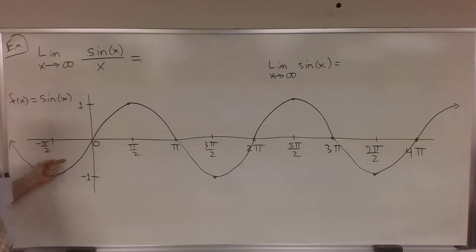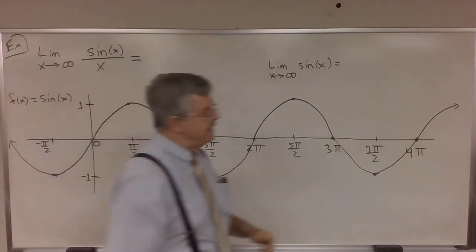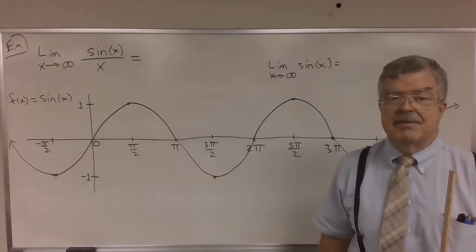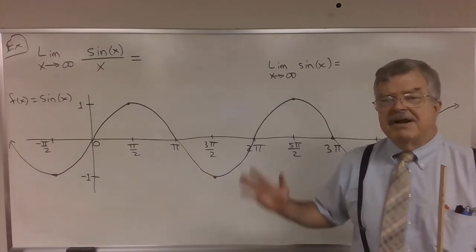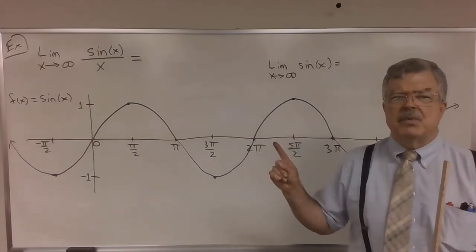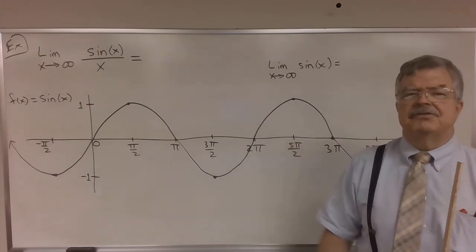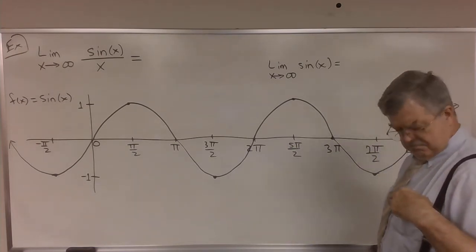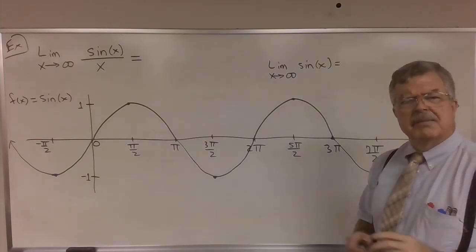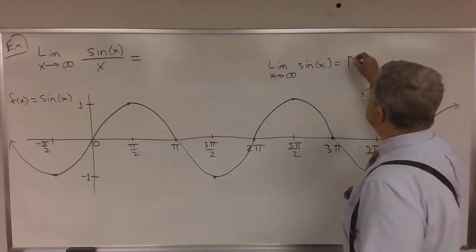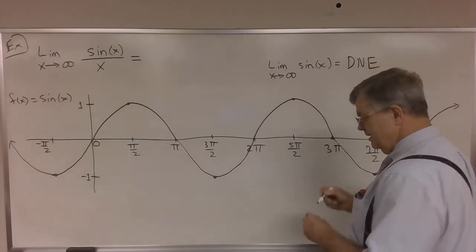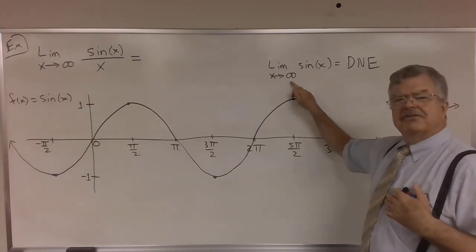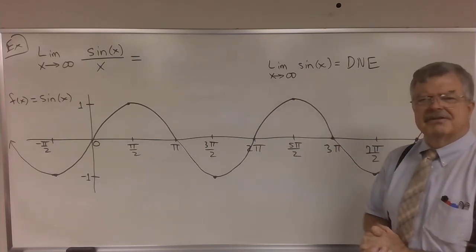This graph bounces back and forth between 1 and -1, assuming all of the values in between, but it never gets close to any one real number and stays close to it. So there is no limit. The limit of sine of x as x goes to infinity doesn't exist.